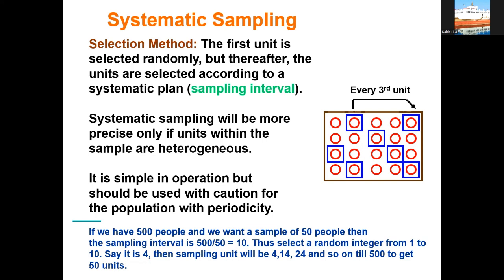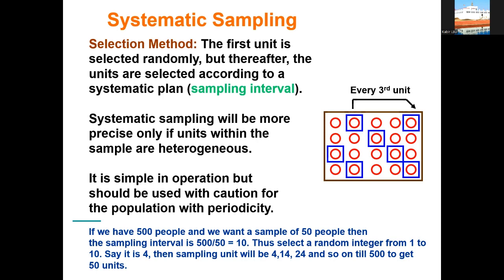It is simple in operation, but should be used with caution for a population with periodicity. So from time to time, it must be operated systematically. There is an example here. If you have 500 people and we want a sample of 50 people, then the sampling interval is 500 divided by 50, that is 10. So this is the interval.